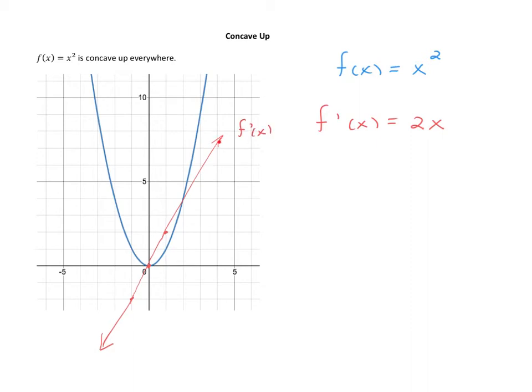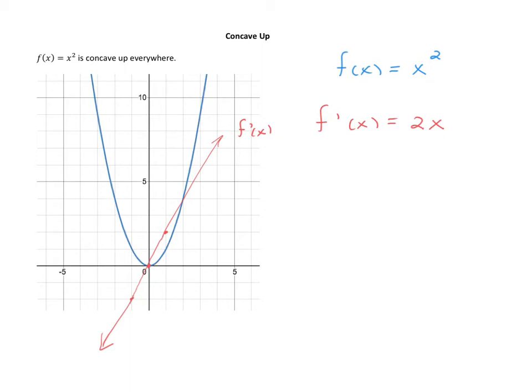The thing to note about the derivative in this example is that the derivative is increasing. It starts out negative over here, it becomes 0, and then your derivative is positive, but it's increasing more and more and more. That tells you a lot about the slopes of these tangent lines.